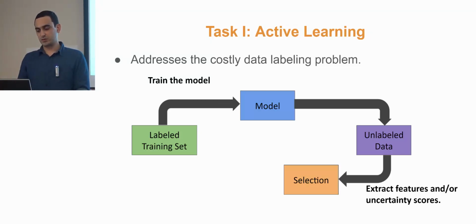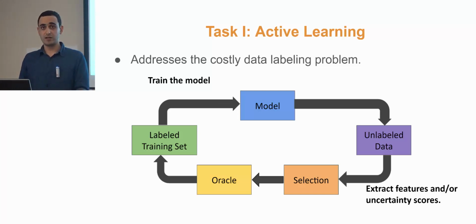And we use those features and uncertainty score and a selection algorithm to select a few unlabeled data points. Then we only label those selected data points and add them to our training data set, and we repeat this cycle until we have a very good accuracy, or the accuracy which is required.